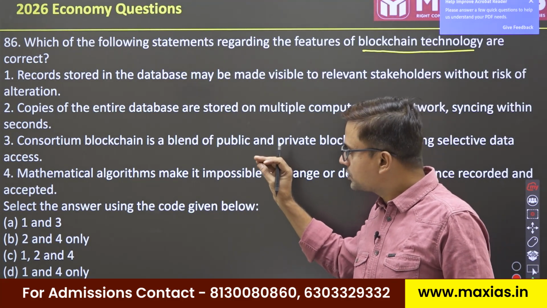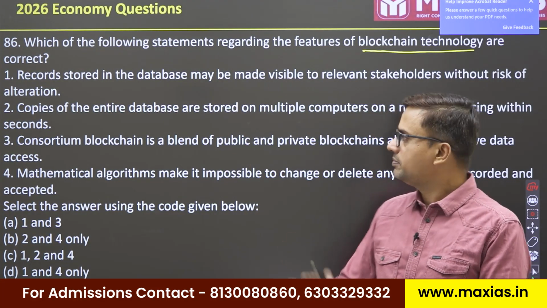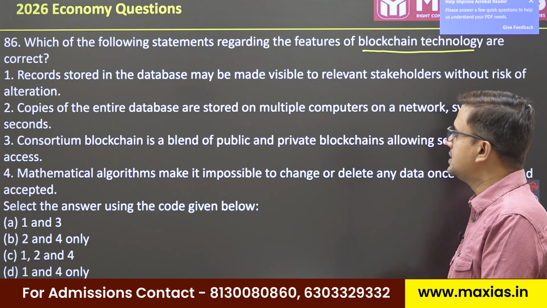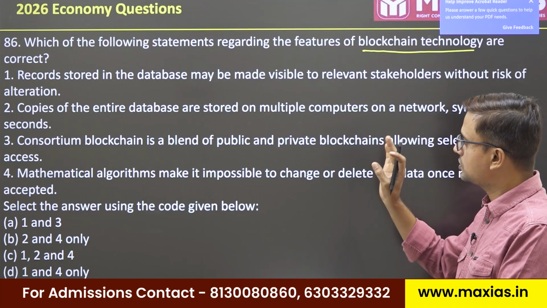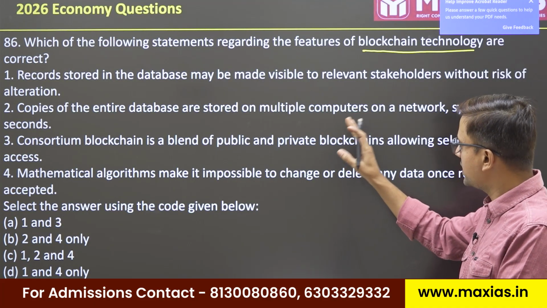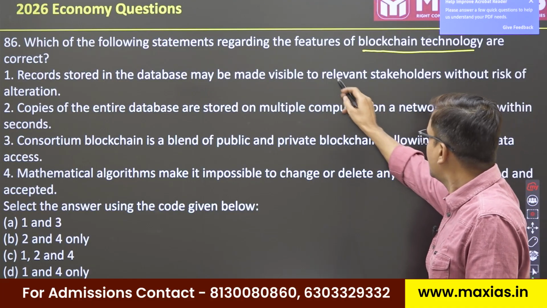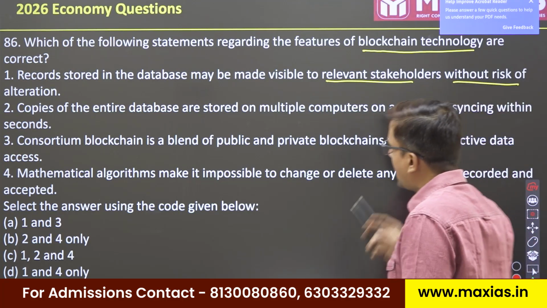Only the students are confused about the third statement. Statement 1. You know about blockchain technology, right? Statement 1: blockchain technology's records are stored in the database. Records stored in the database may be made visible to relevant stakeholders without risk of alteration.